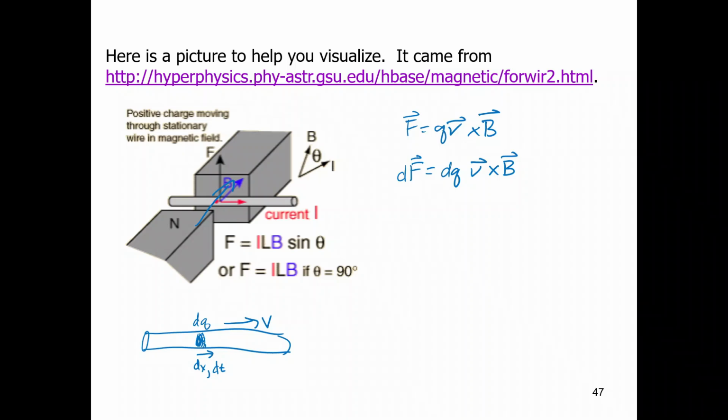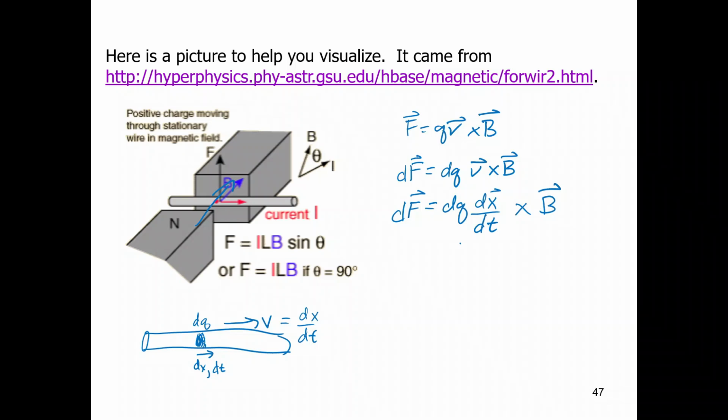And if I define my velocity as being constant, I can define my velocity as dx/dt, the rate of change of position over time. So I can plug that in and I get dF is equal to dq dx/dt, where dx is a vector in the direction of the length, cross B.